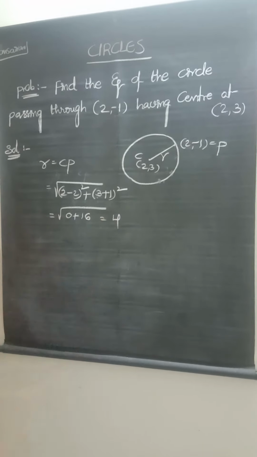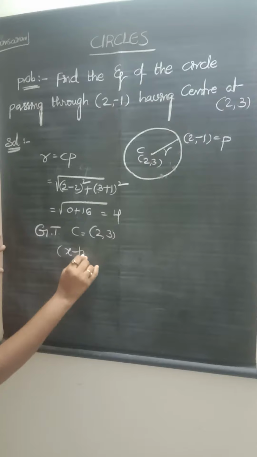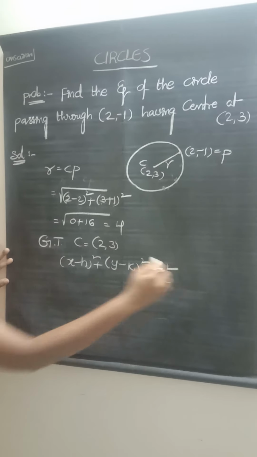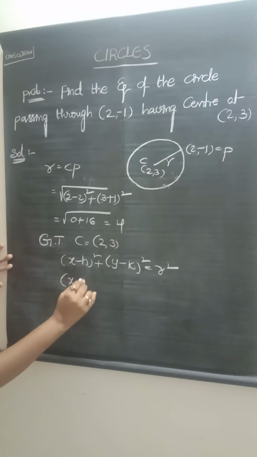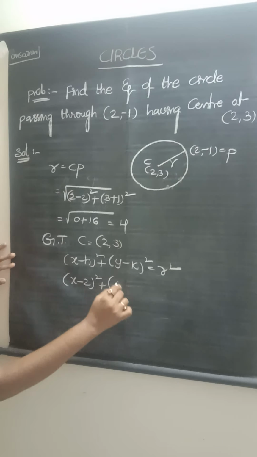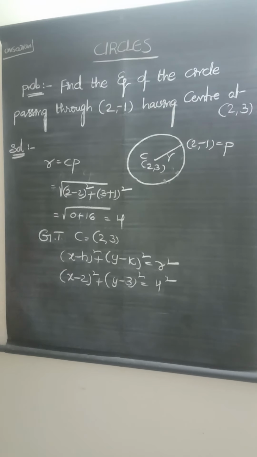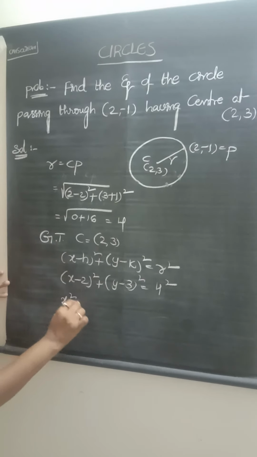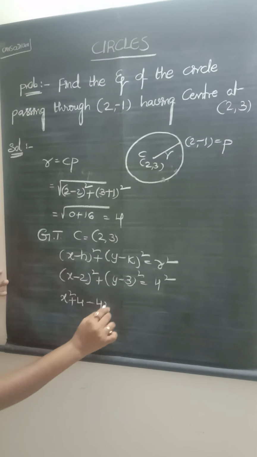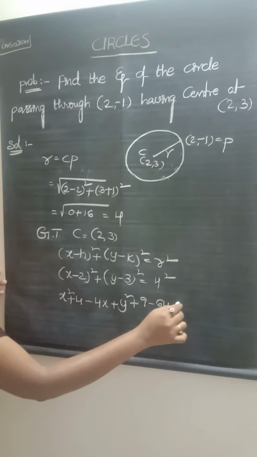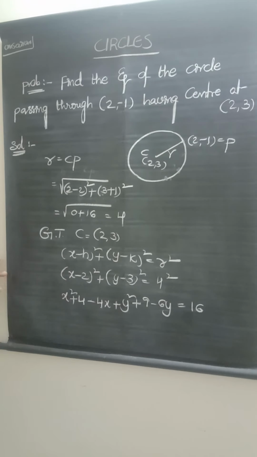Now the equation of the circle is (x minus h) whole square plus (y minus k) whole square equals r square. That is (x minus 2) whole square plus (y minus 3) whole square equals 4 square. Now taking the expansions, x square plus 4 minus 4x plus y square plus 9 minus 6y equals 16.